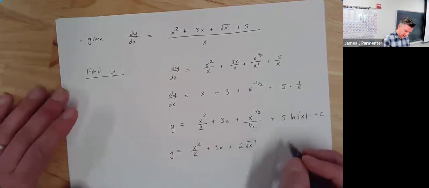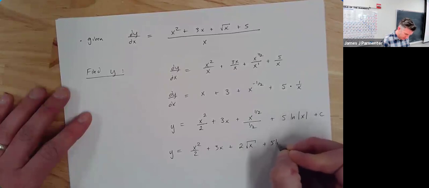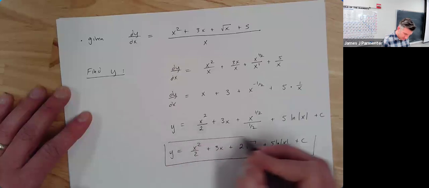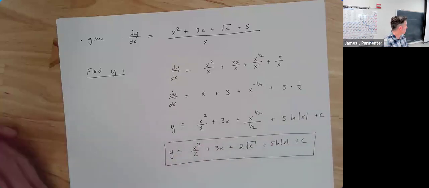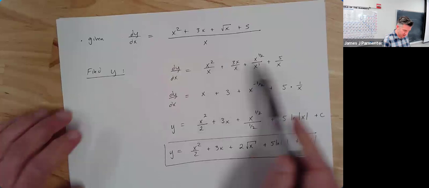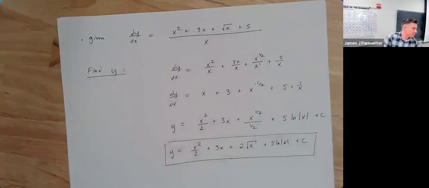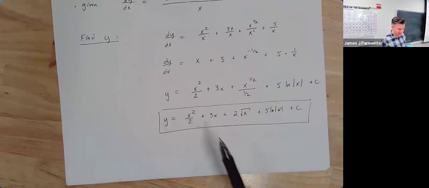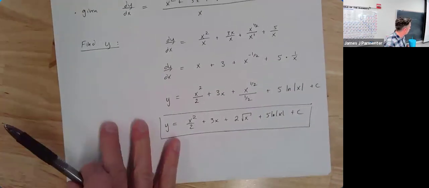Either way is totally fine. And then plus 5 natural log of the absolute value of x plus c. So there's the antiderivative of this expression up here. Even though we gave it a regular function name, it's still the antiderivative of that thing.